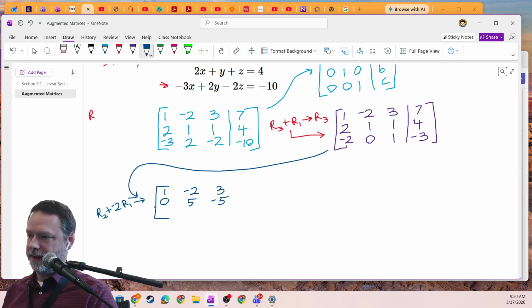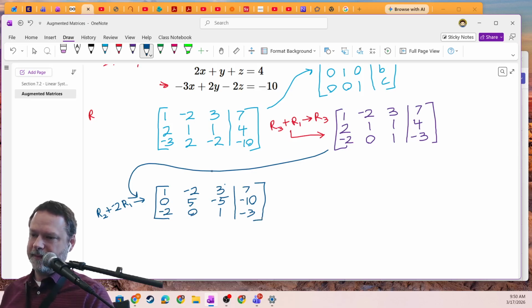That's easy. Okay, and then we got negative 2, 0, 1. Oh, wait. I got to get the other side of our augmented matrix. We had a 7 here. Negative 2 times 7 is negative 14 plus 4 is negative 10. And we still have that negative 3. Okay, so I messed with it some more. Now if I multiply everything here by 1/5, that middle row is going to look really nice.